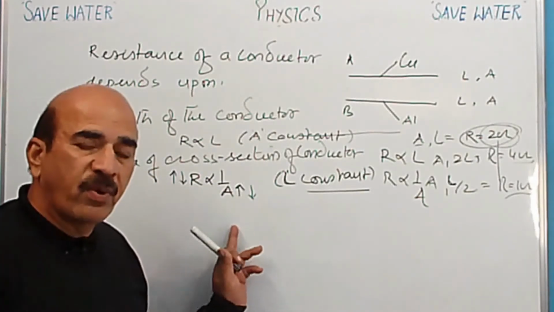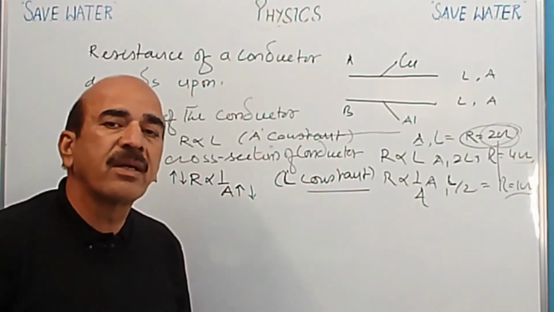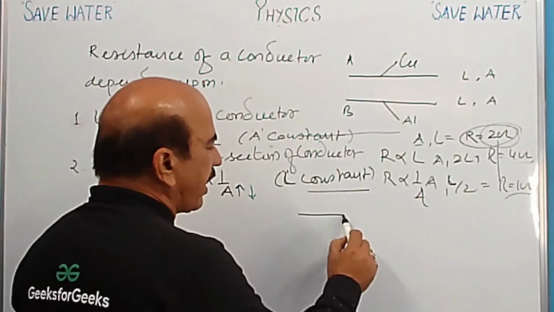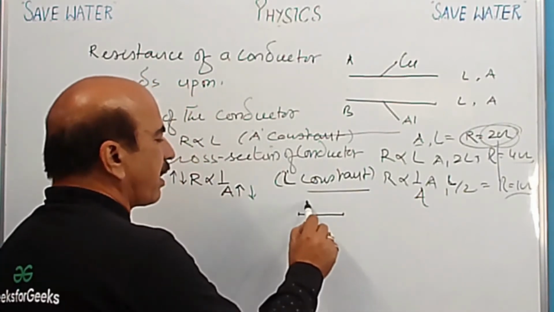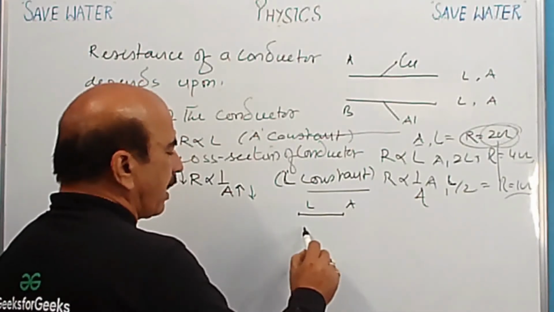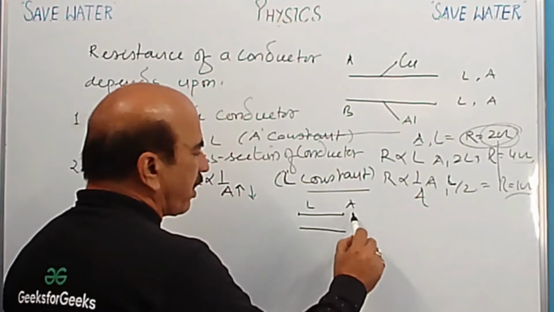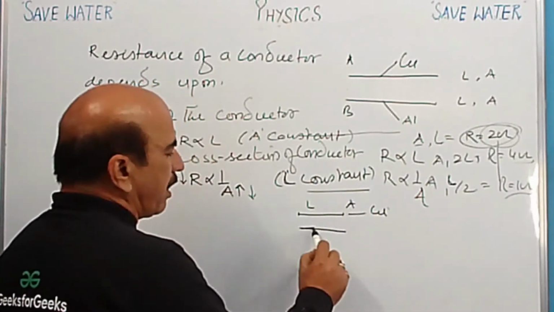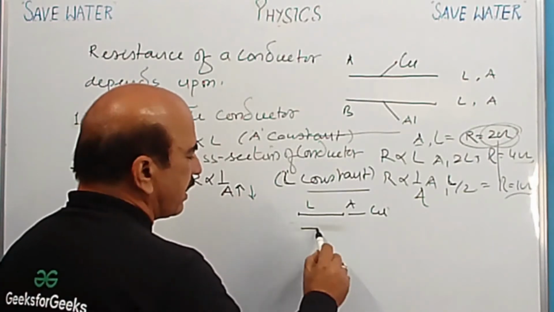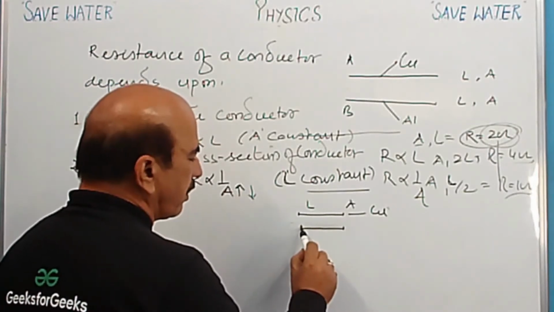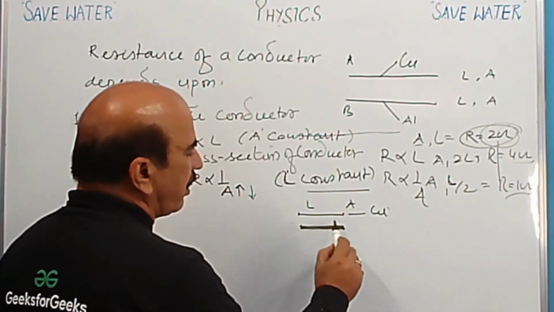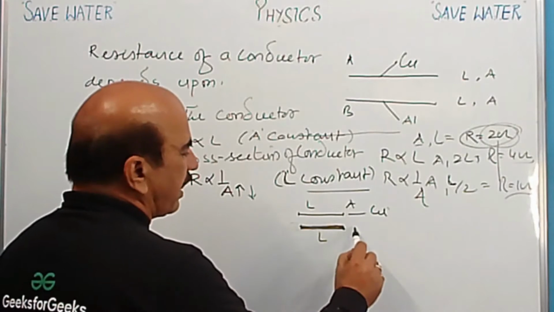It is performed with the same metal, the same conductor. If we take a copper wire, this is the length and area of cross section is A. And a second time again we take a copper wire, but now its thickness is more. Area of cross section is more, length is same, but area of cross section is changed.